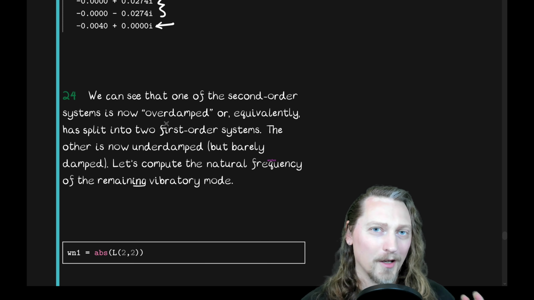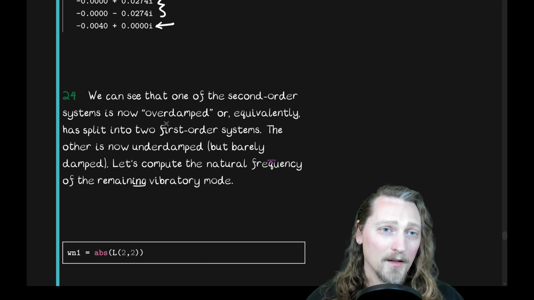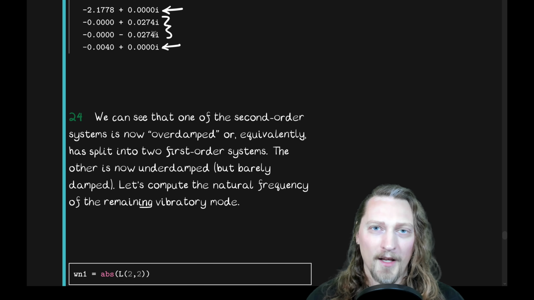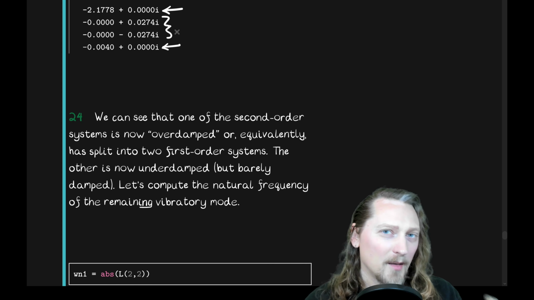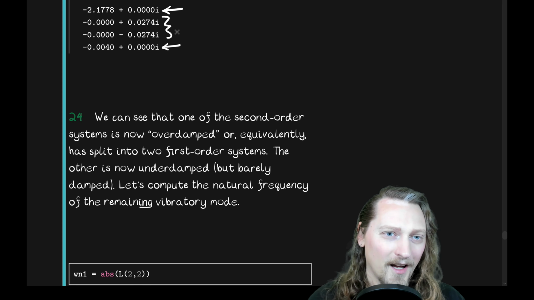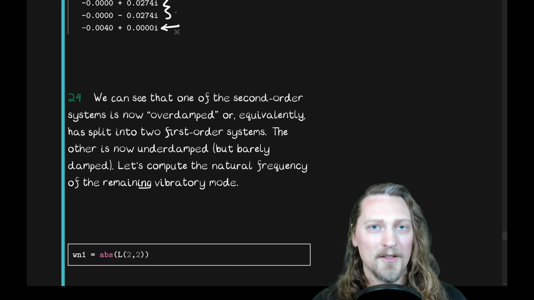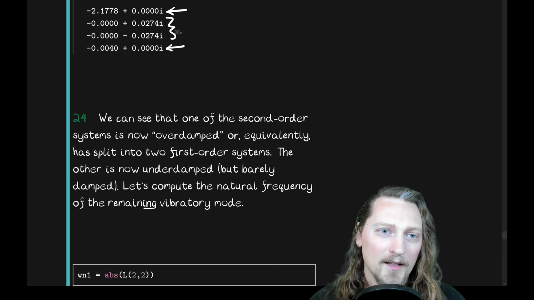So one went from being undamped to overdamped. The other one is still underdamped. Okay. But it's barely damped. There's a little bit of damping in it. It's not undamped, and you can check out what the actual value is of the real part if you'd like.